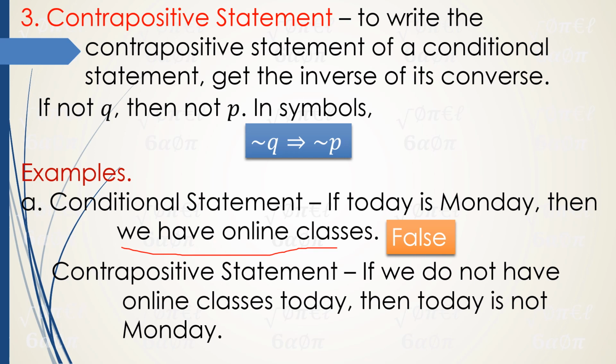So, if we do not have online classes today, then today is not Monday. Therefore, what do you think is that? So, pinagbaligtad, tapos nilagyan ng negation. It's still a false statement. False pa rin yun, no? Wala raw online class, kaya hindi raw Monday. So, pwede namang walang online class, pero Monday. Okay? So, false pa rin siya.